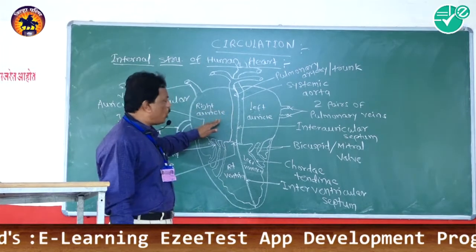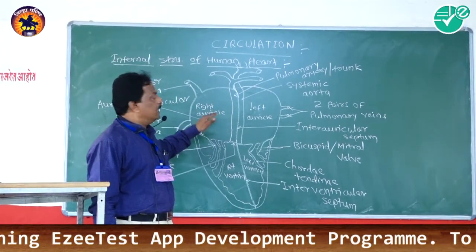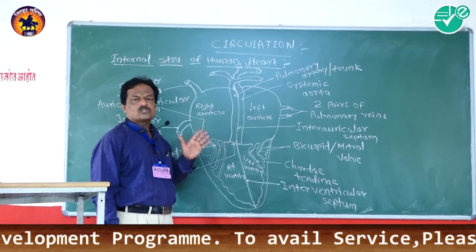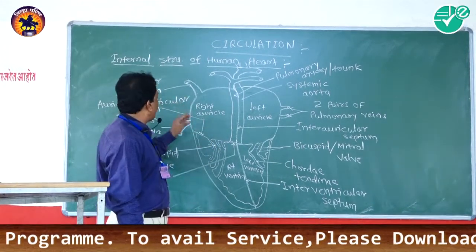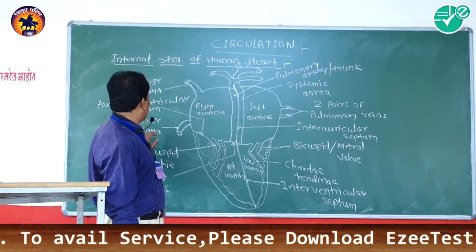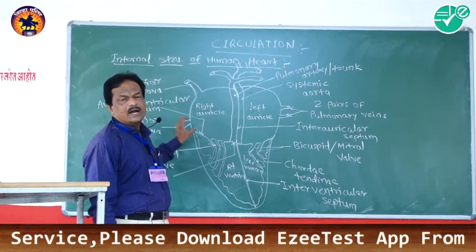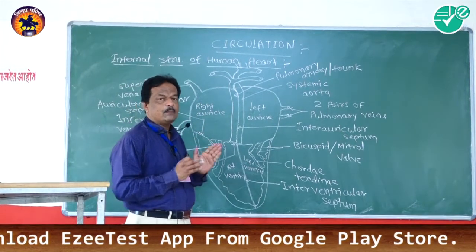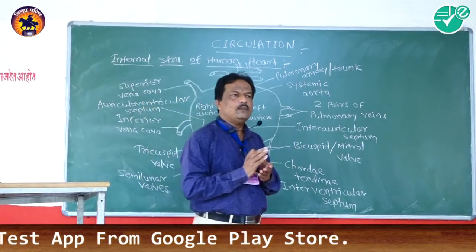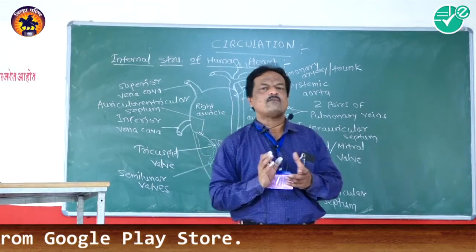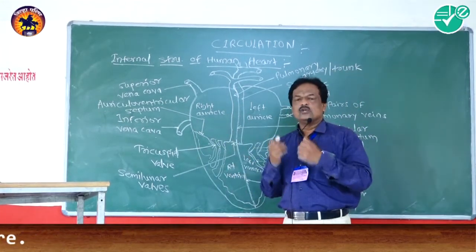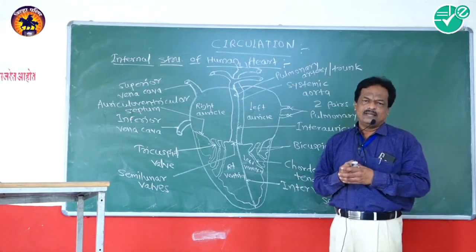The right auricle receives the impure or deoxygenated blood from the superior vena cava, inferior vena cava, and the coronary sinus. With the help of these three major veins, the right auricle receives the impure blood.